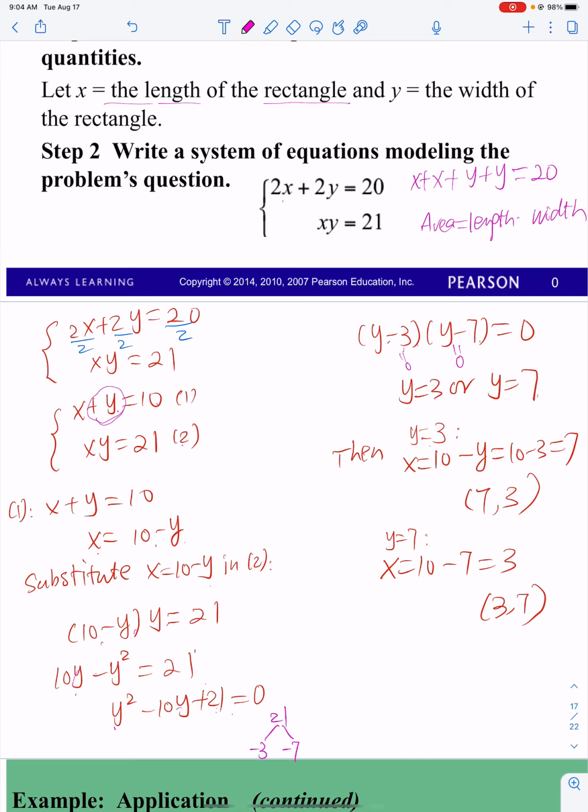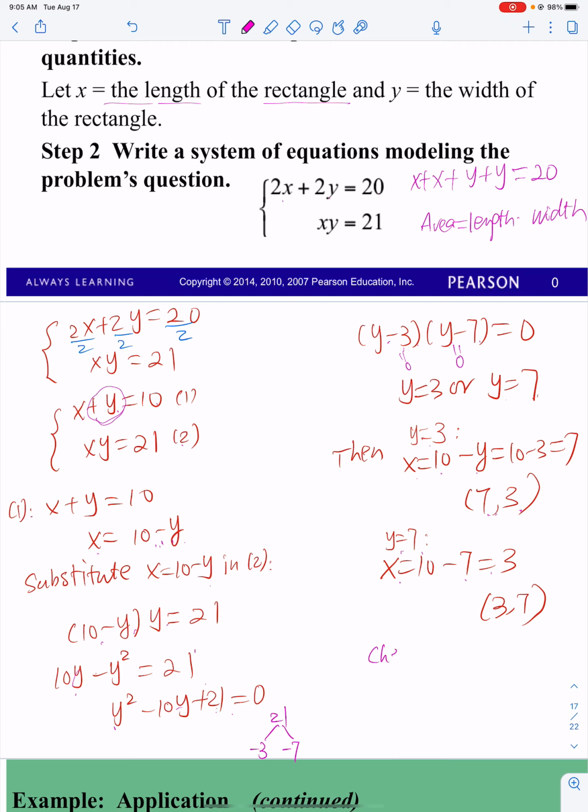So when y equal to 3, what will be x? x will be equal to 10 minus y, so 10 minus 3 equal to 7. When y equal to 7, x equal to 10 minus 7, which is 3. So we have the length and the width: one is 7, the other is 3.